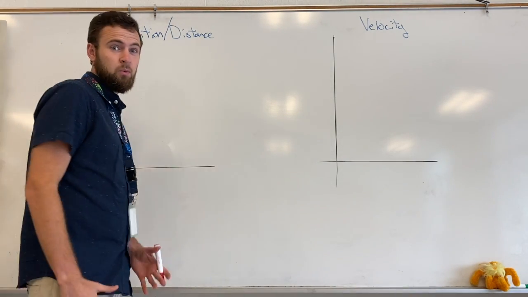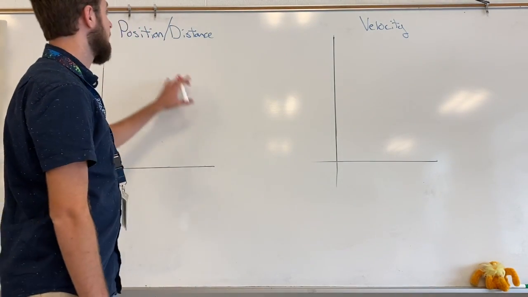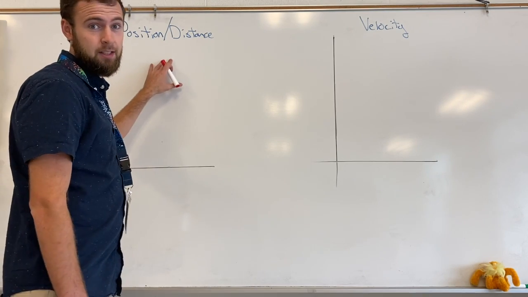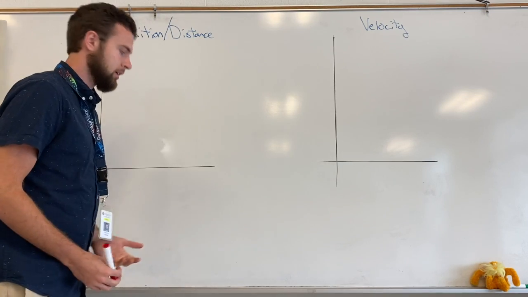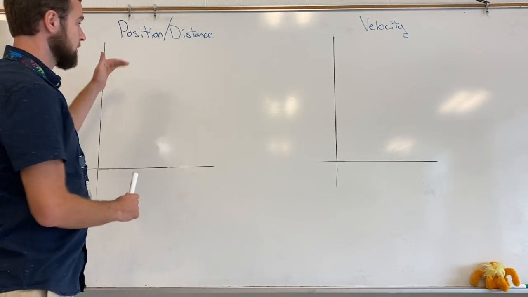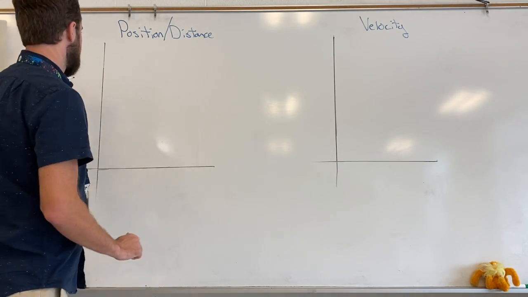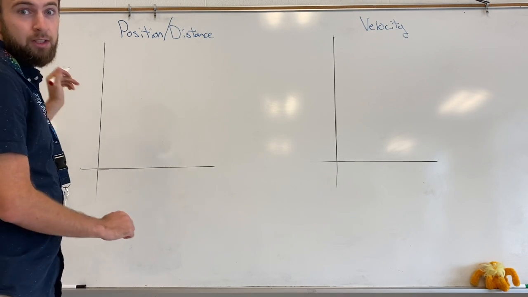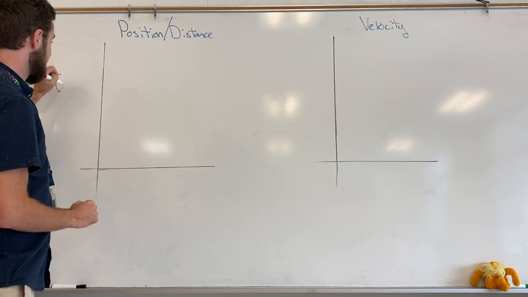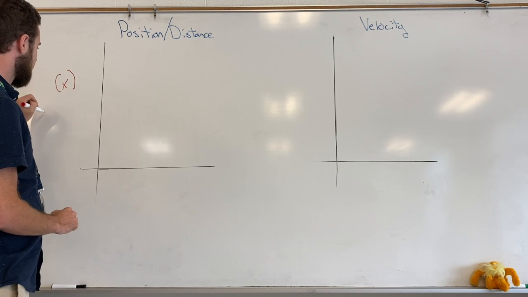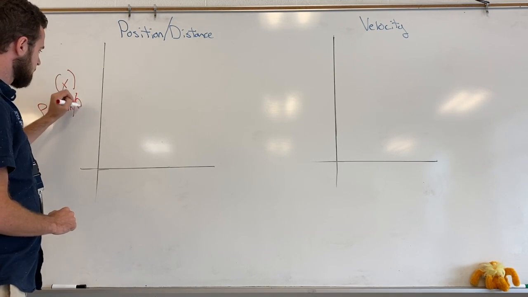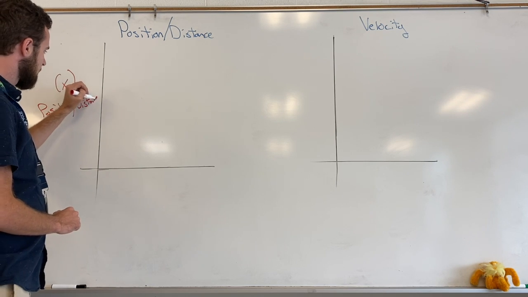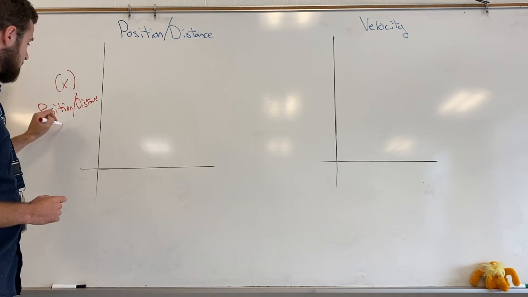So, with our two graphs here, we've got position or distance, and we've got velocity. How we're going to distinguish those two things is on our axes. I would put position or distance, which would be a change in x, typically in meters.